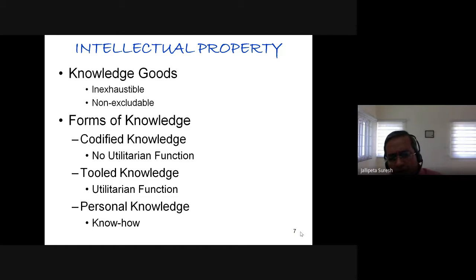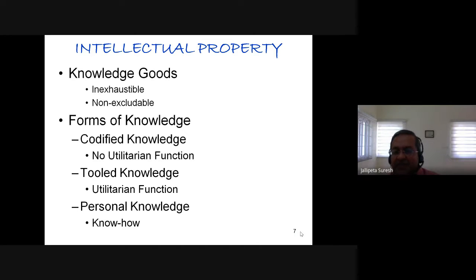Now, what are the various forms of this knowledge? Forms such as codified knowledge, that is something which is coded and having no utilitarian function. Like for instance, if a novel is written, it is nothing but codified knowledge, and it has no functional utility.